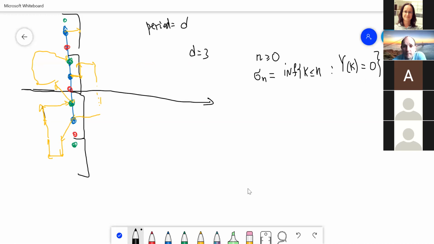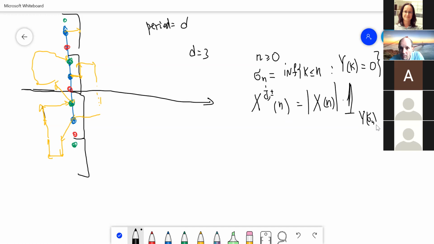And let me introduce one more notation. X j plus or minus of n equals absolute value of n times the indicator of y sigma n equals j modulus d.